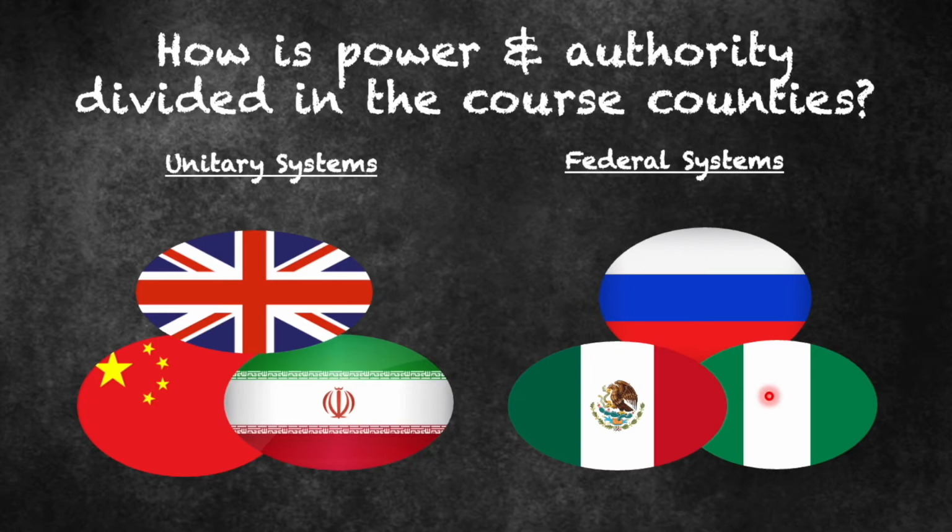Some of the states with larger Islamic populations have implemented Sharia law, while other states do not adhere to this Islamic law. So, it is important to remember that there is a lot more power and authority granted to the local and regional governments in federal systems, but that not all decision-making is left up to the local governments in these systems. Each country does still reserve certain power for the federal government.